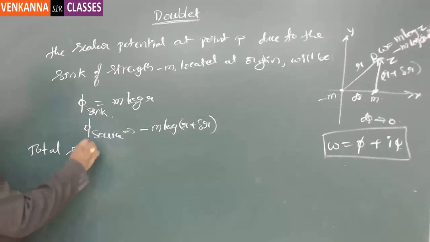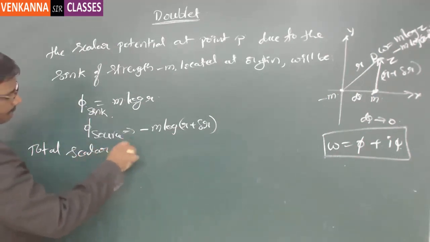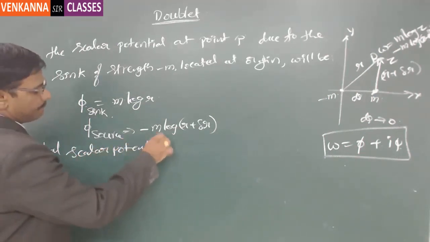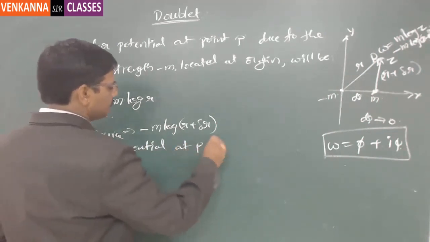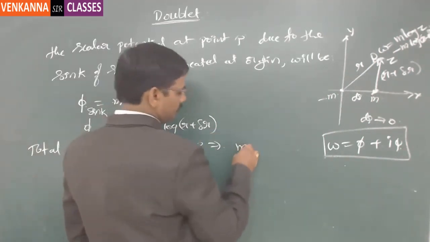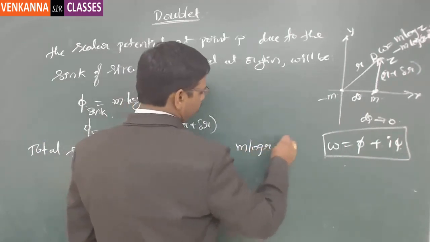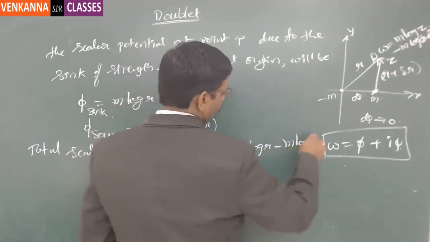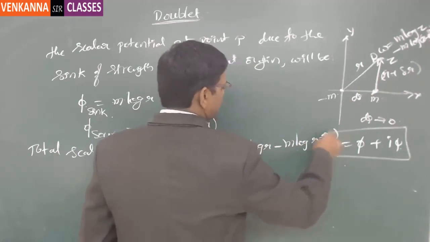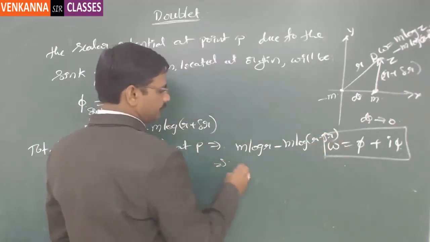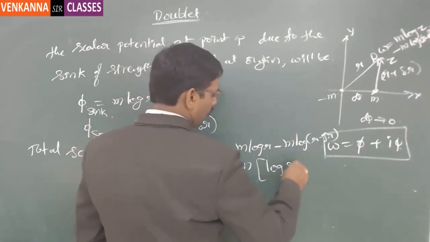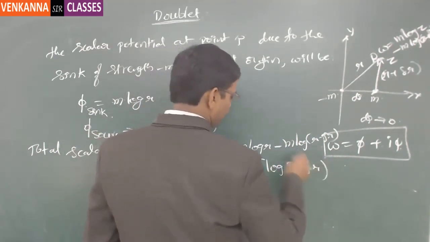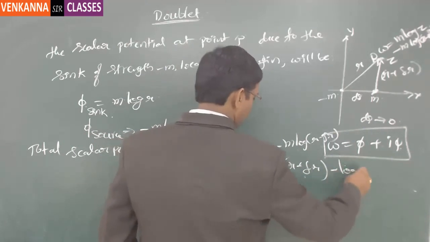Now here the total scalar potential at P will be the sum of both, that is m log r minus m log of r plus delta r. If you take minus m out, this is minus m into log of r plus delta r minus log r.